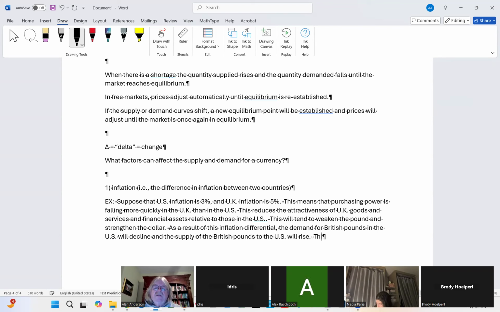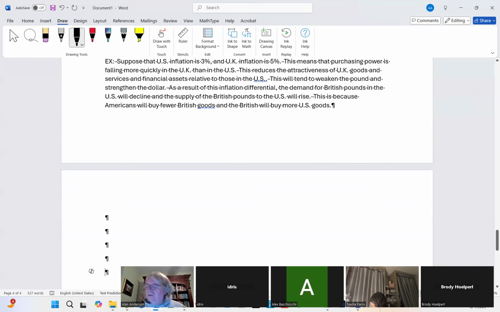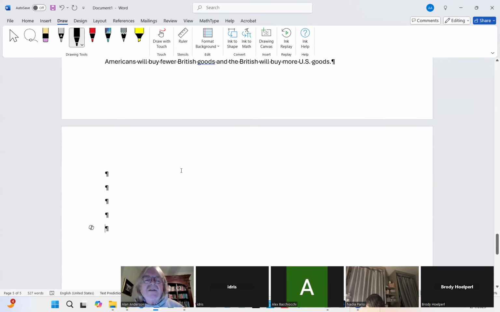Why is that? This is because Americans buy fewer British goods, and the British buy more American goods because they're cheaper, or they're becoming cheaper. So that means two things are happening at once. So this is a fairly complicated case.